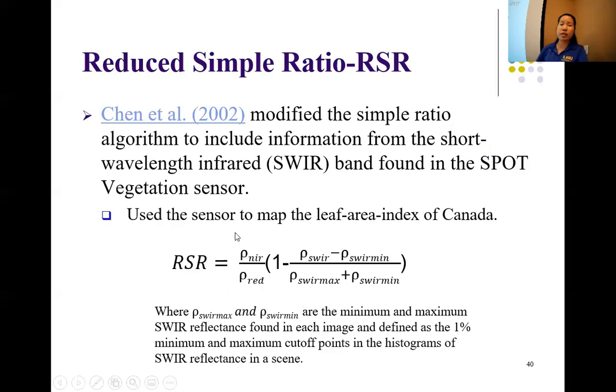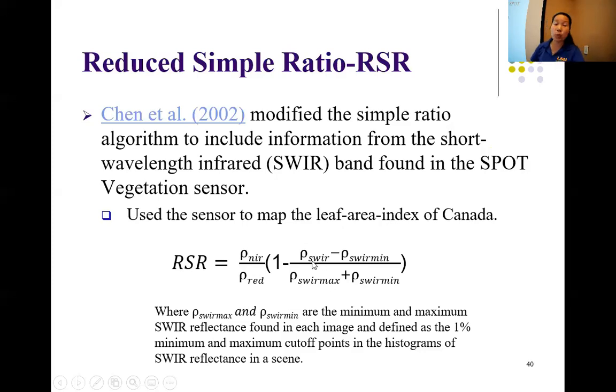They used this sensor to map the leaf area index. The left part over here is still the near infrared divided by the red reflectance band. And the right side incorporates this 1 minus term, and this part over here is using the shortwave.